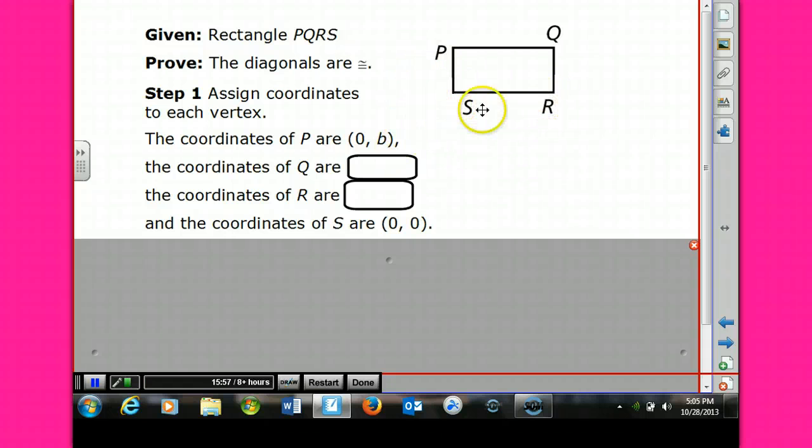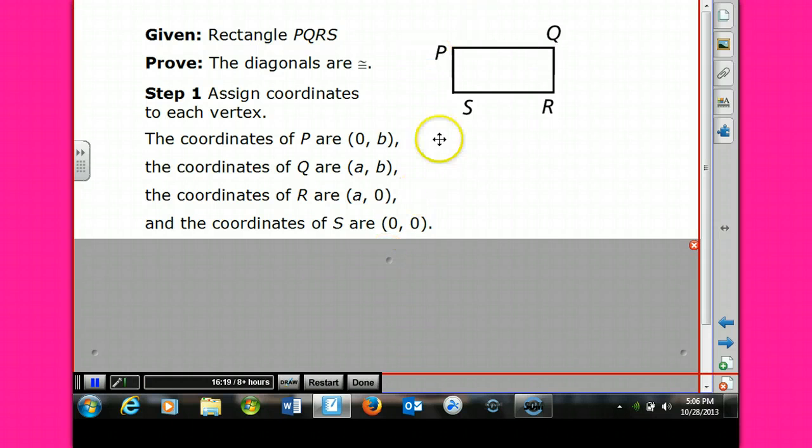R would be out here, and if we used B, how about if we use the letter that comes just before it? Let's walk A and fly 0, so (A, 0). And to get to Q from (0, 0), we would walk A and fly B. So there we go. We've now positioned this figure on a coordinate plane.